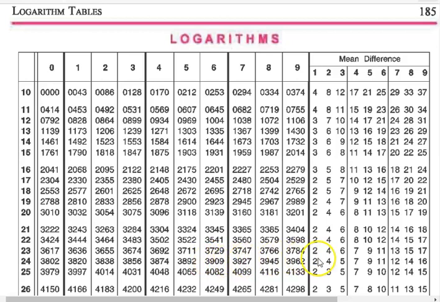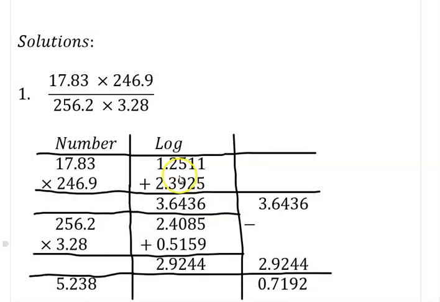Difference 9 is 16 right here. So you now add 3909 plus 16. It will give you what? 3925. That's what we have here. Awesome. So that is how we come about this.